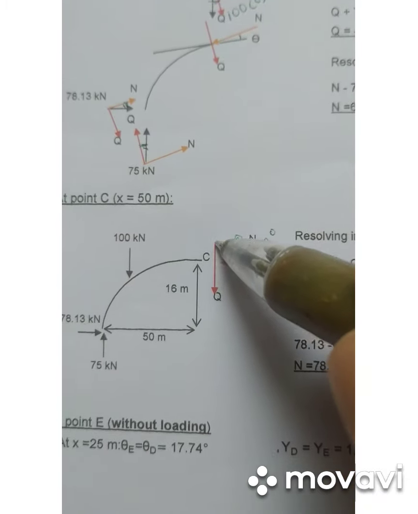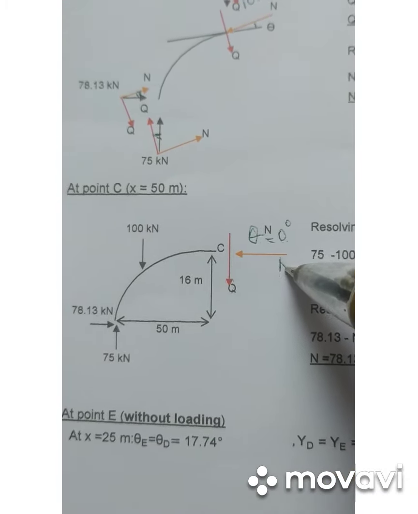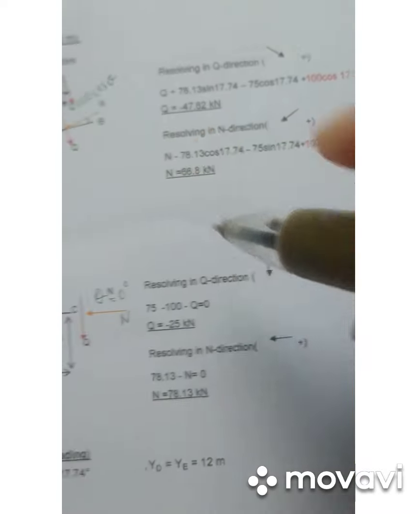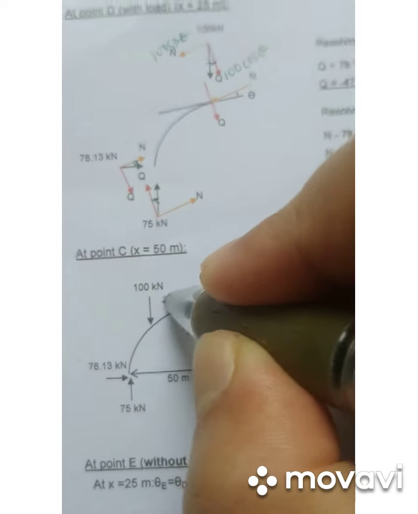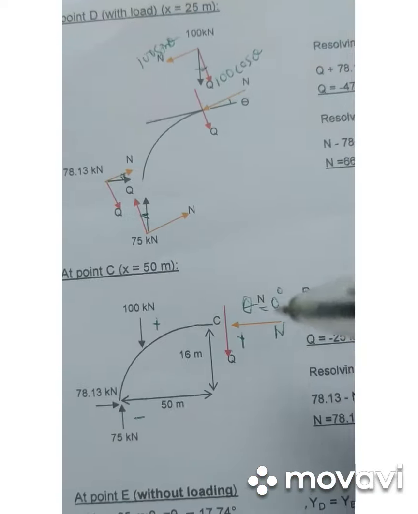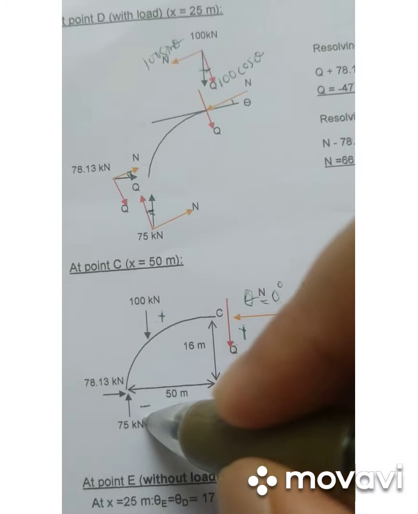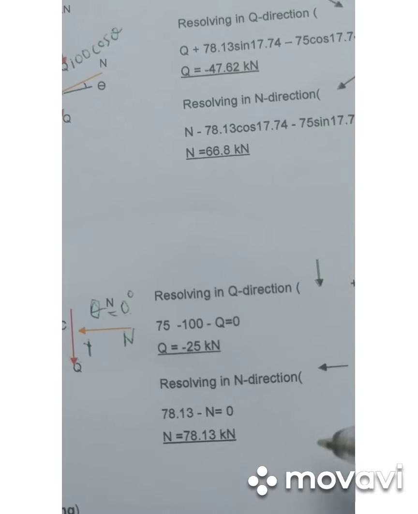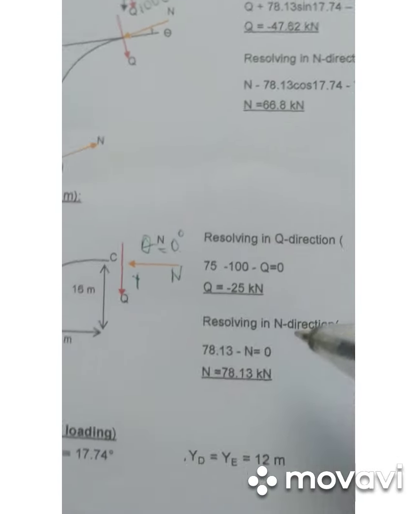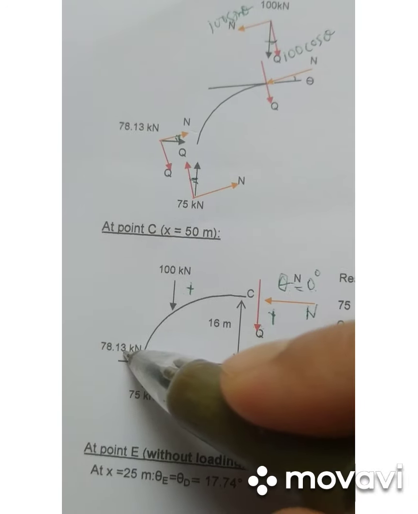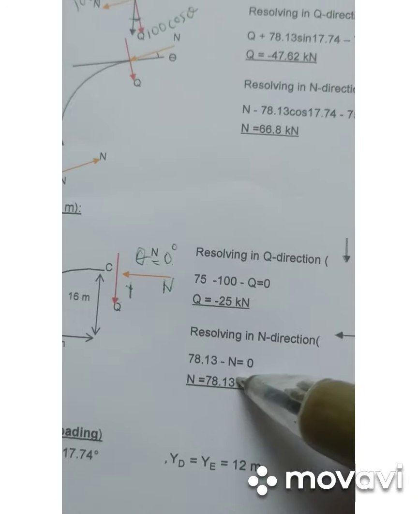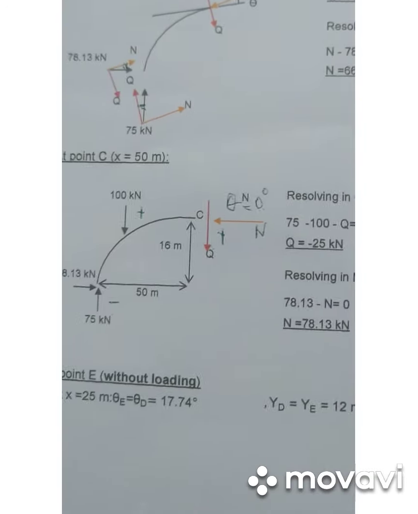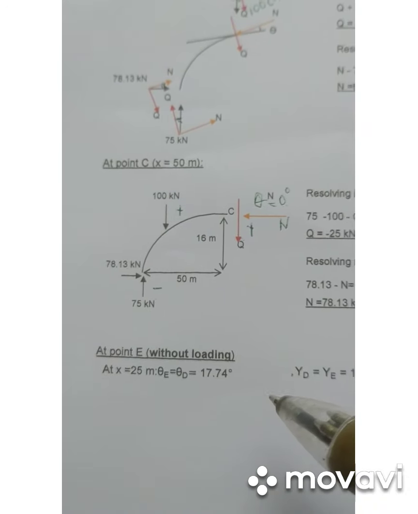So this Q is in this direction, so this one is N. Q is the same as this direction, so downward is positive. So Q plus 100 minus 75. So you get Q is equal to negative 25 kilonewton. Also for N direction, you have N minus 78.13. So you get N is equal to 78.13 kilonewton.